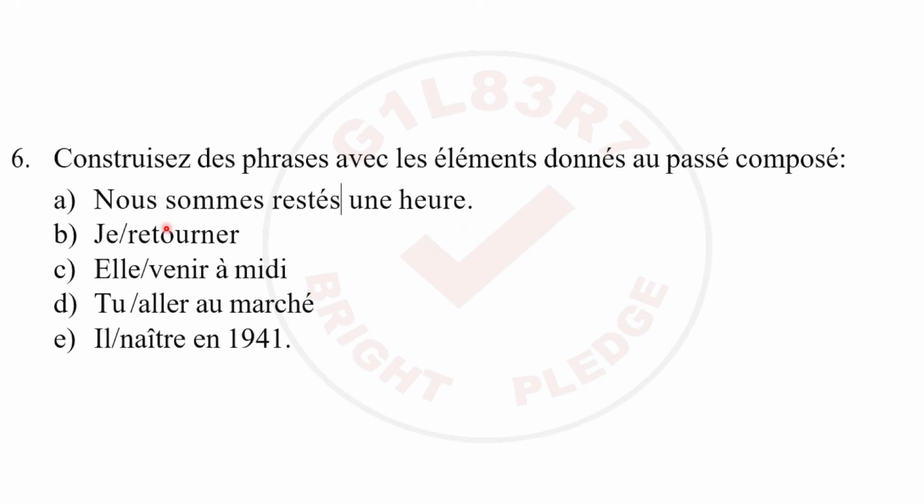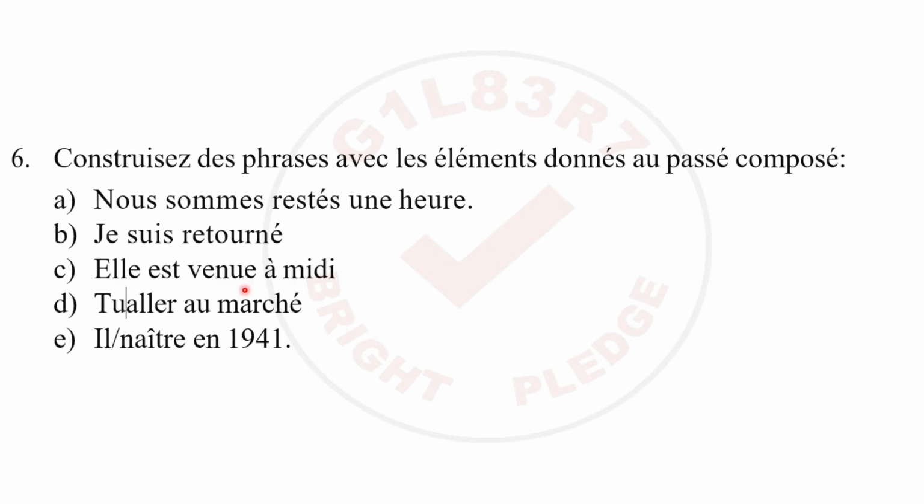So remember, when you use être as the auxiliary verb, the past participle must agree with the subject in gender and number. That's why we have an S here. Similarly, the next one, je suis retourné, meaning I went back. And the next one, il est venu with an additional E. So she came at noon.